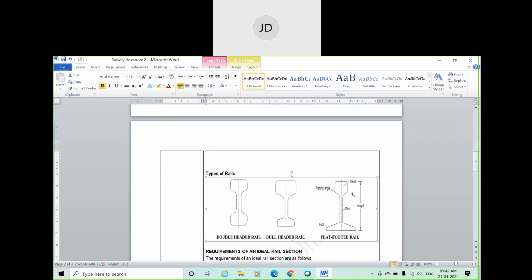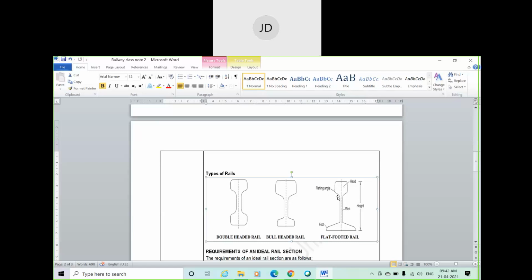Okay, and if I take the components of a flat-footed rail, which is usually used in India, you can see the top part is called the head, the middle part is called the web, and the bottom part is called the foot. The height of the rail is counted from top to bottom, and you can see the angle made here, which is called the fishing angle.